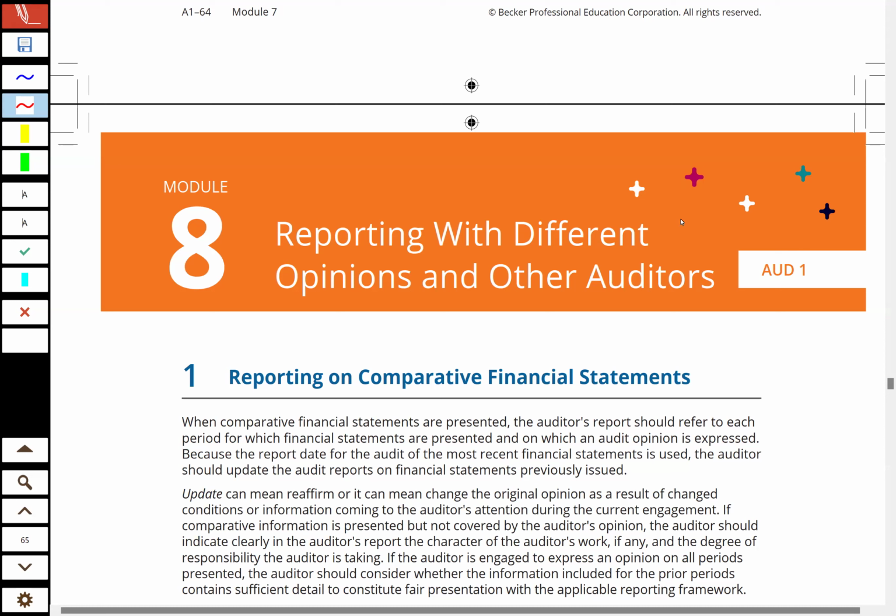Okay. All right, good. So let's go ahead and take a look, and we're continuing on with the reporting objectives in this chapter. And what we're going to start with here in module 8 is what happens if an auditor gives, say, an unmodified, unqualified opinion in, say, 2023, and then 2024 comes along, and for some reason they have to give some sort of modification, qualification, whatever.